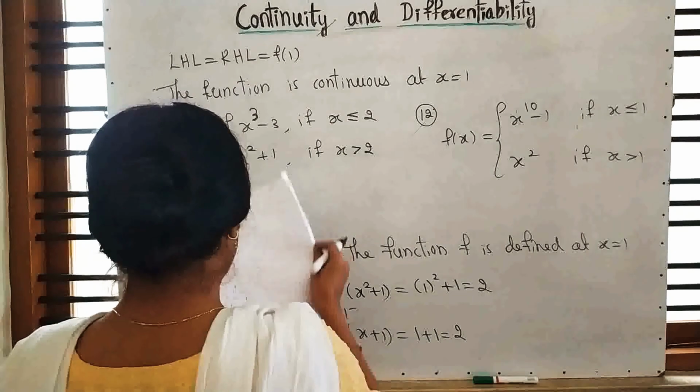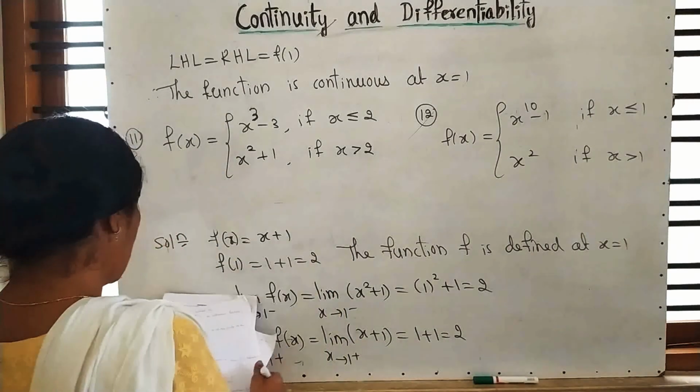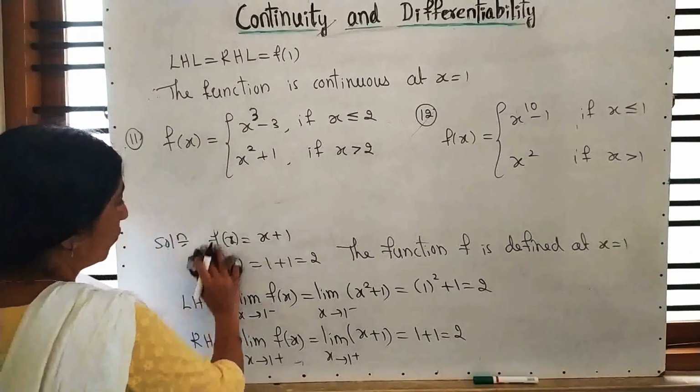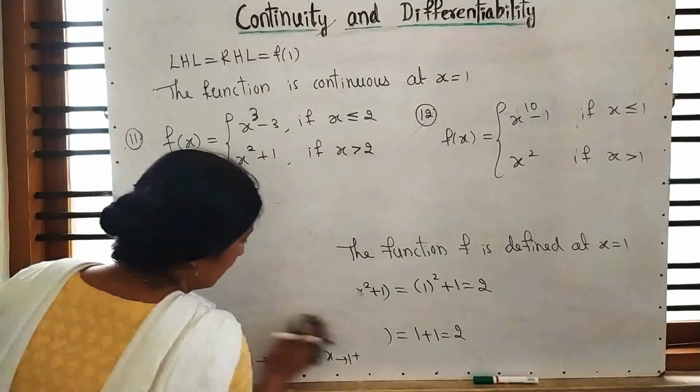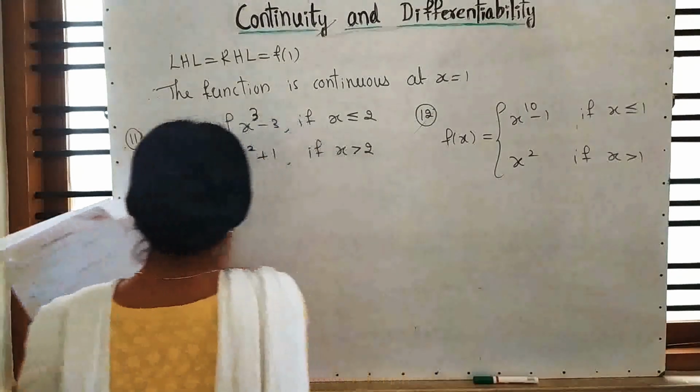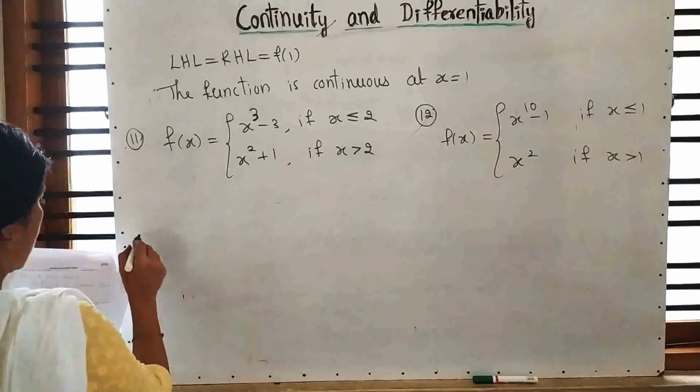Remember students, these two questions I will give as an assignment, that is a homework. Take one more. In the next class, I will explain all these questions. Then I will move to the next questions. 13th one.